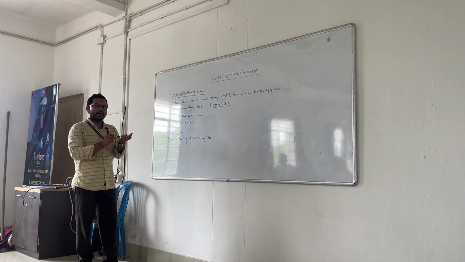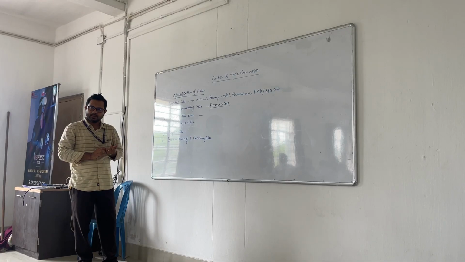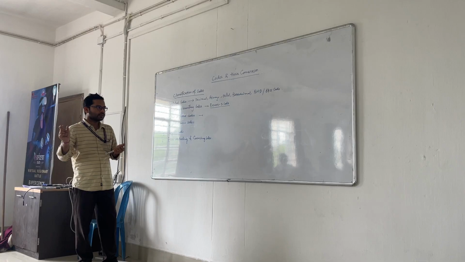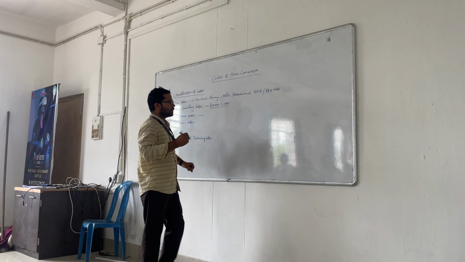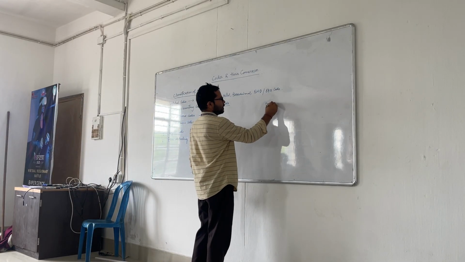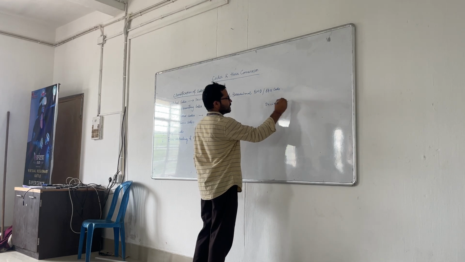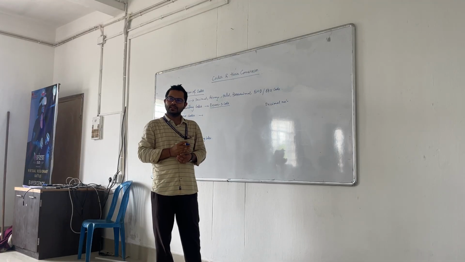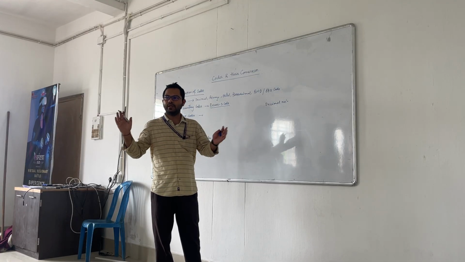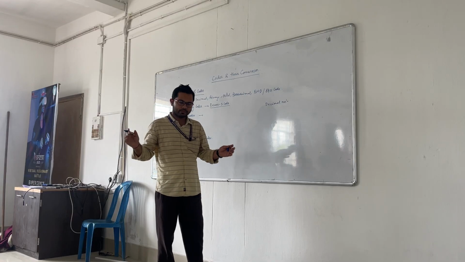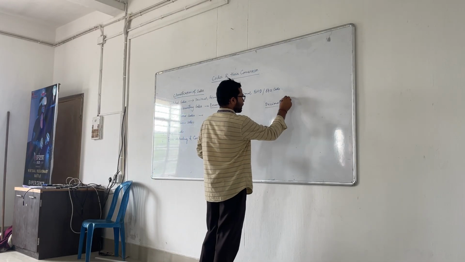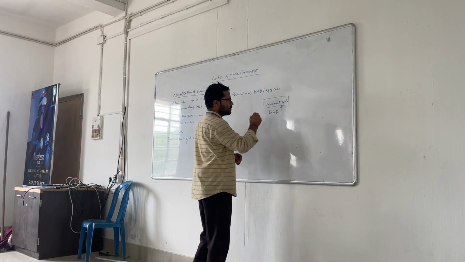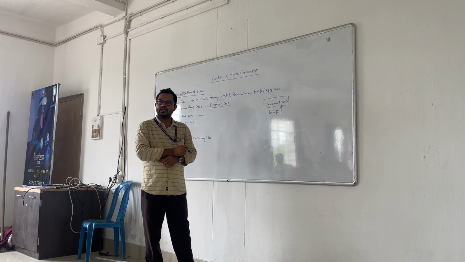BCD is binary coded decimal. It is also a weighted code. Binary coded decimal means normally decimal numbers are represented with the help of 4-bit, 5-bit, 6-bit, 7-bit or 8-bit depending on their size. But in case of BCD representation of the same decimal numbers, it is different.